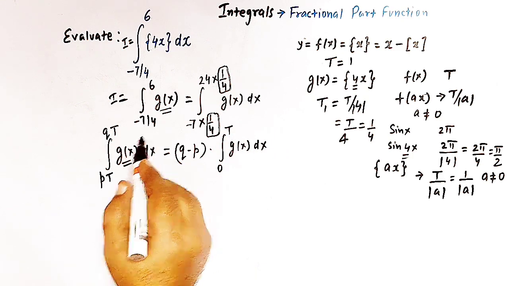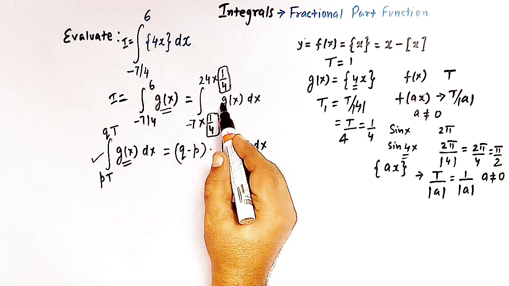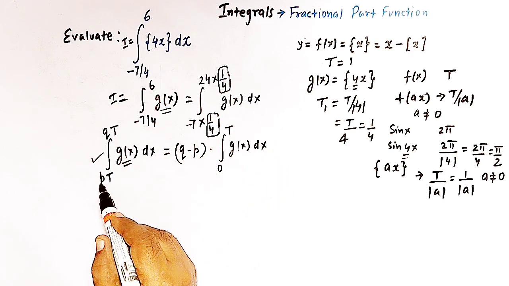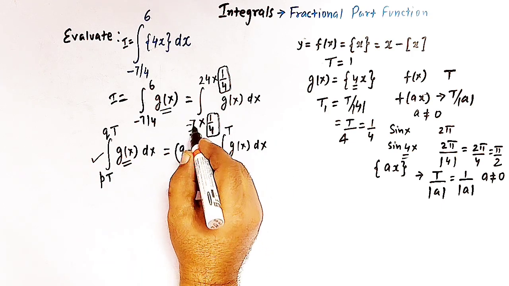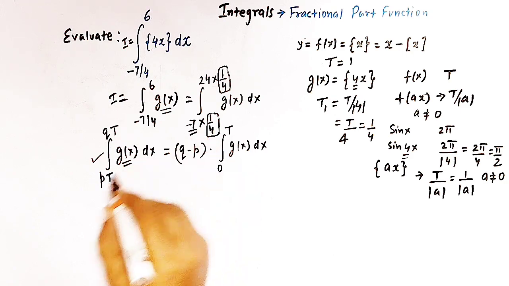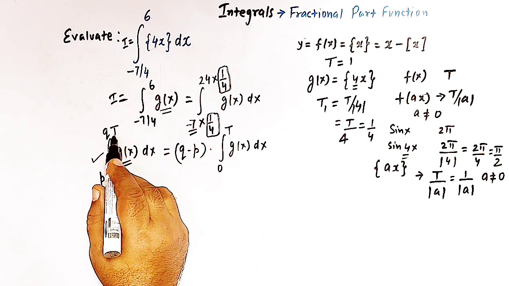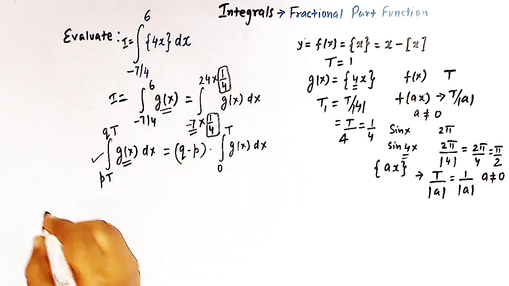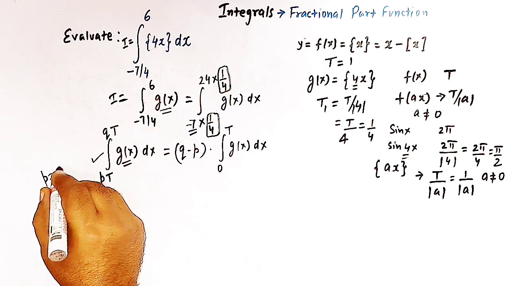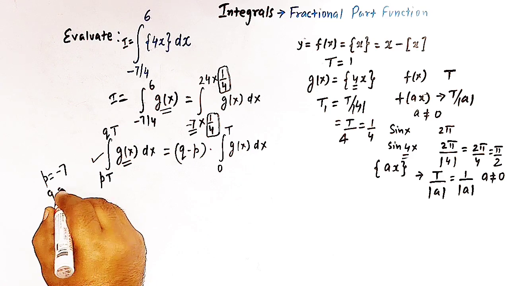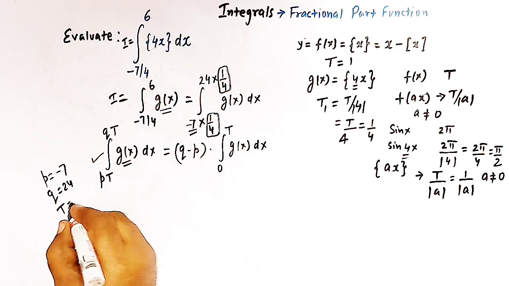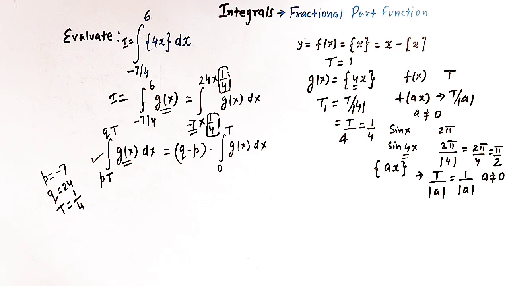Now if we compare this integral with this one, the value of p is minus 7, q is 24, and T is 1 over 4.